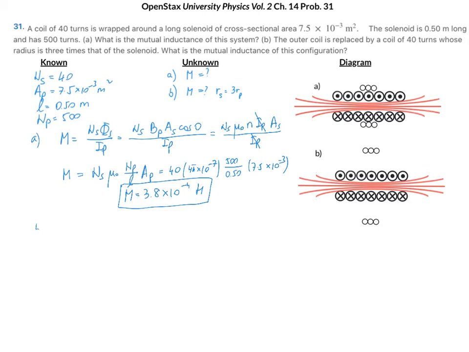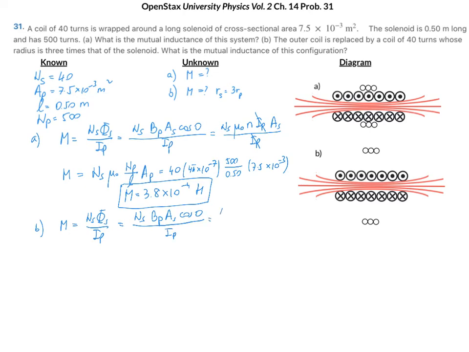Now in part B, we start out again with the equation for the mutual inductance. It's number of turns secondary, flux through the secondary divided by current in the primary. So that is number of turns in the secondary, magnetic field caused by the primary times the area secondary cosine 0, divided by the current in the primary.